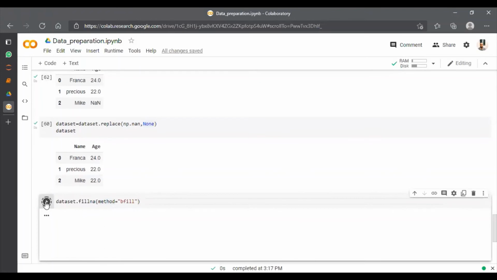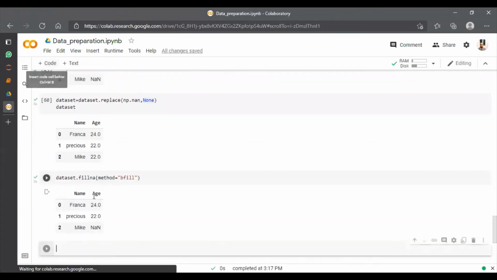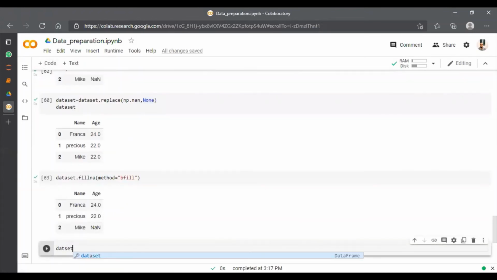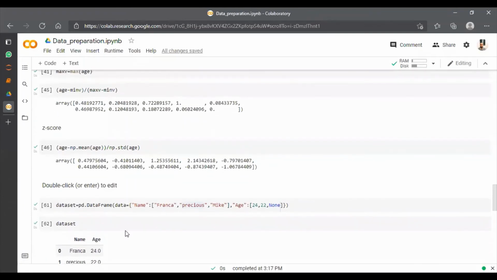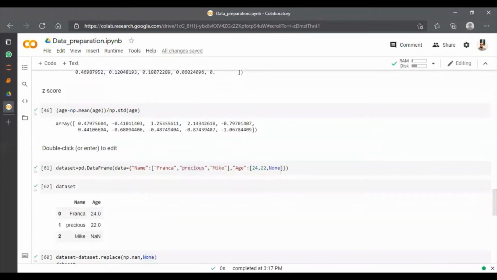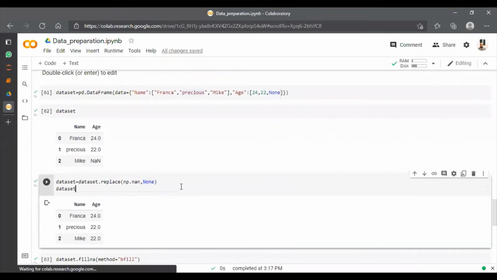Wait, let me try to run it. I'm trying to get a particular thing, dataset. It seems our data has already been replaced. No, it's not working yet. So let's now replace it with none here.